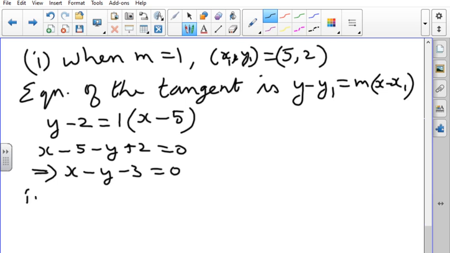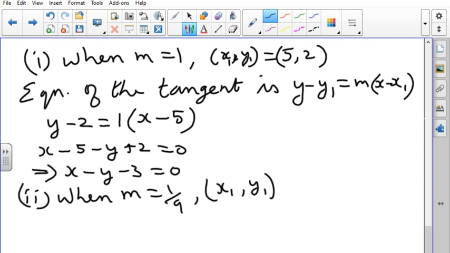Then the second case. The second one is when m is equal to 1 by 9 and x1 comma y1 is 5 comma 2. So again follow the same procedure. So what's the equation of the tangent?